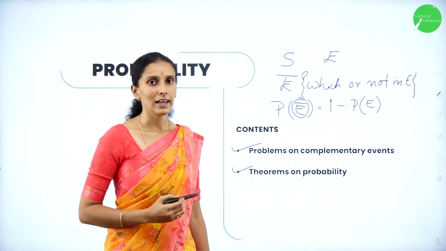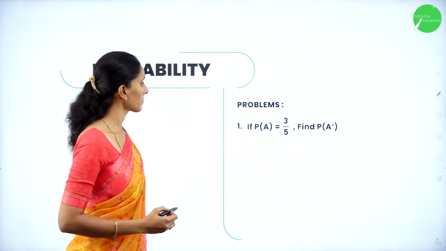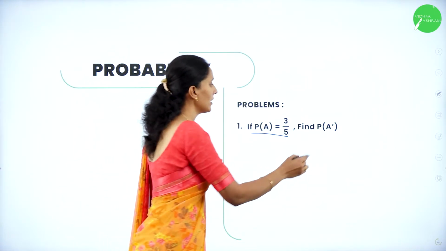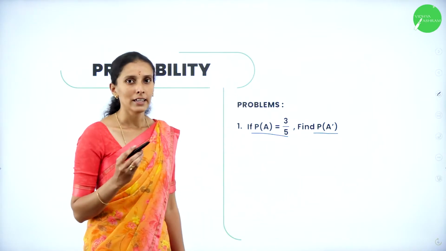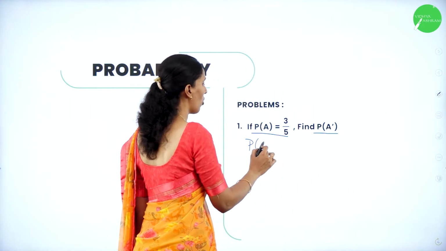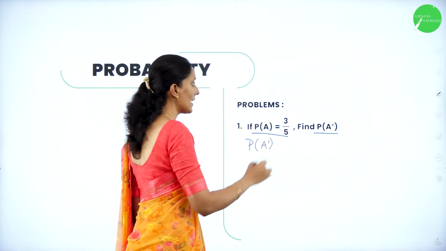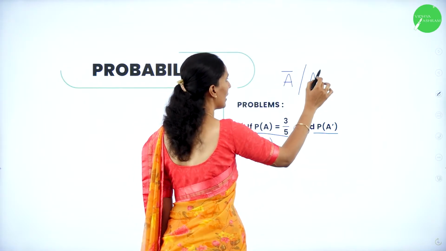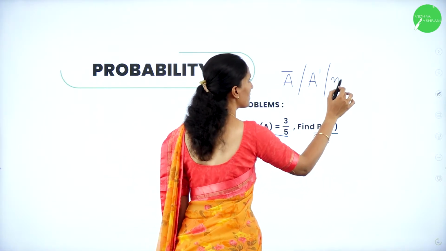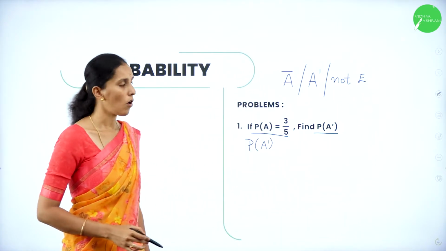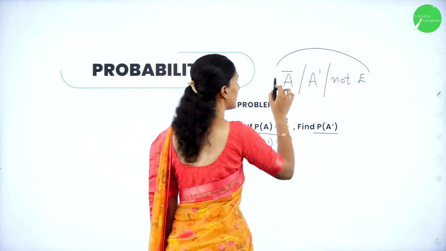So let us take the very first problem. If P of A is equal to 3 by 5, find P of A dash. Again, the complementary formula of probability. Any complement can be written as A dash, or sometimes they may use the verbal word, that is, not E. All of them are nothing but complement.